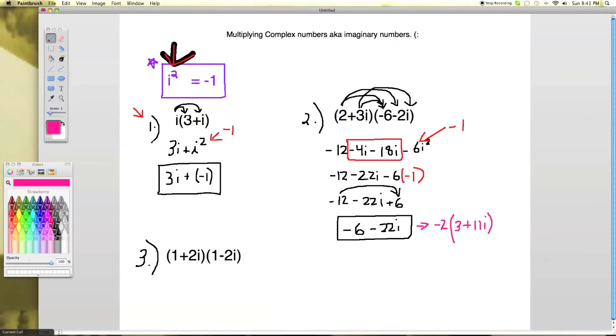So that was our second problem. Our third problem is going to be this, which is also simple. We're going to start out by multiplying 1 times 1, which is going to be 1. And then 1 times negative 2i, which is going to be negative 2i.